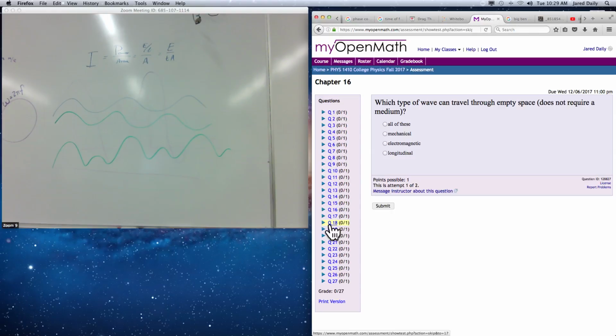Electromagnetic waves can travel through empty space, right? So that's light: light, microwaves, X-rays, infrared. Those are all light waves, electromagnetic waves. Radio waves, they can all travel through empty space. And gravity waves, now that we've discovered them, are another way that we can do that.